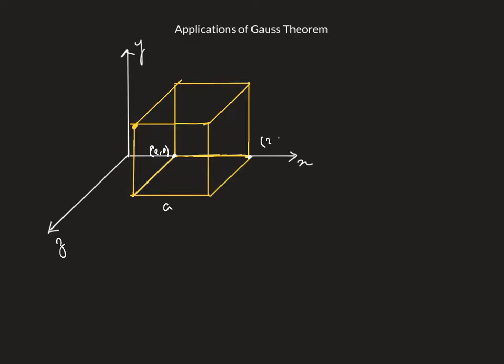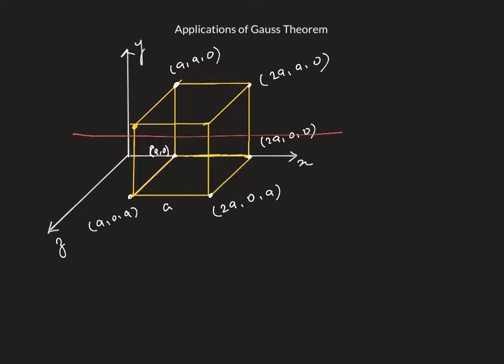This one is 2A comma 0 comma 0. This one would be 2A comma A comma 0. This one would be A comma A comma 0, and this one here would be 2A comma 0 comma A, and this one would be A comma 0 comma A. So there are a lot of points here.